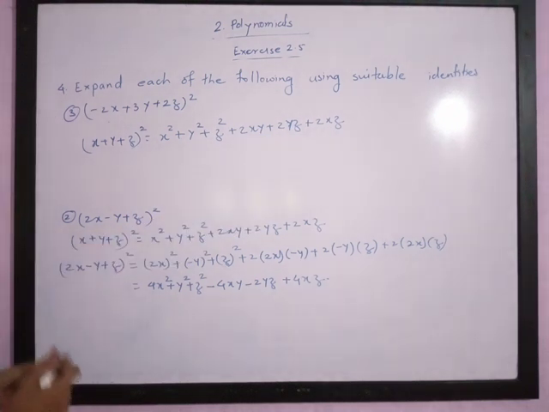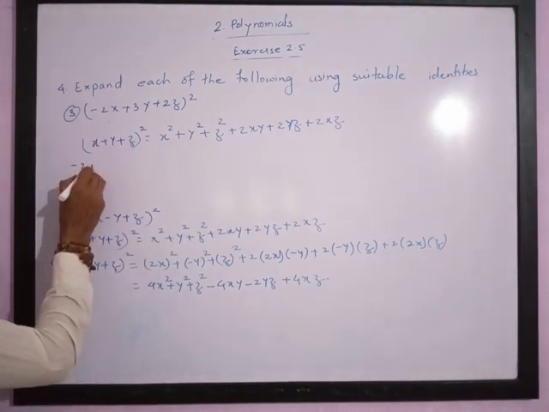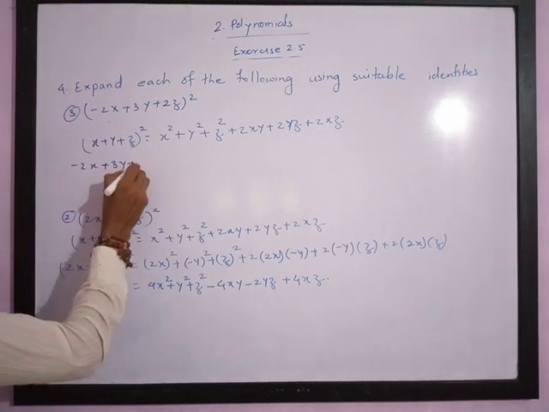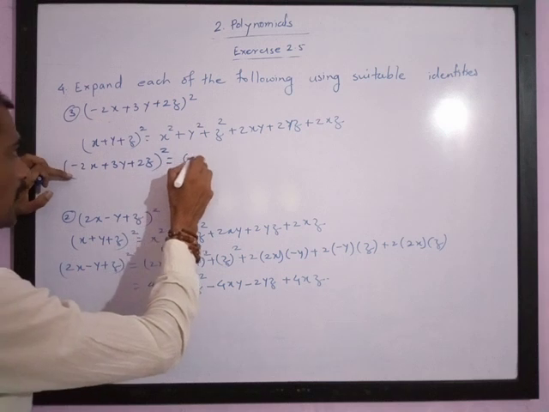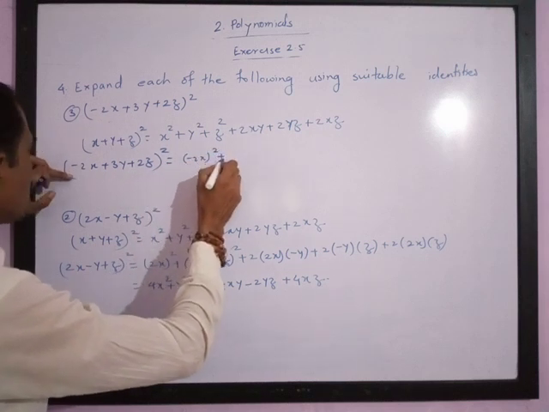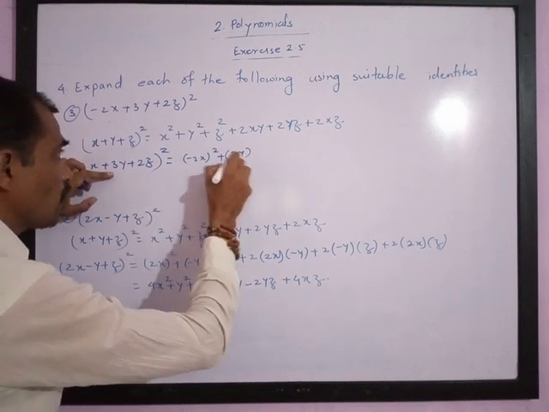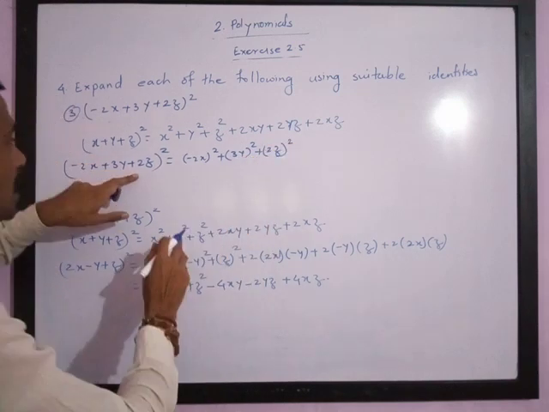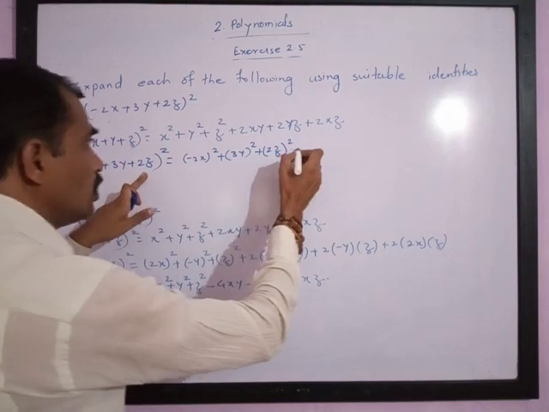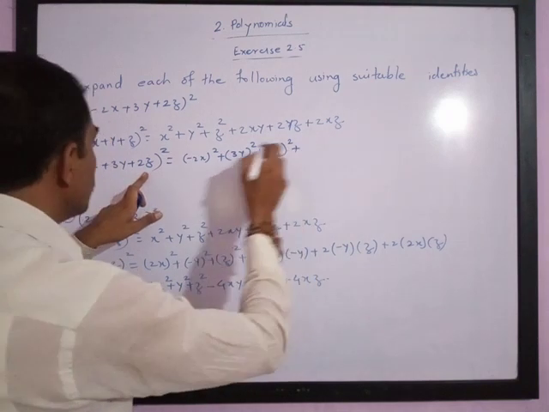So this becomes (-2x + 3y + 2z) bracket square is equal to square of the first, that is (-2x) bracket square, plus (3y) bracket square, plus (2z) bracket square. Please understand, here two digits are there at the single term.